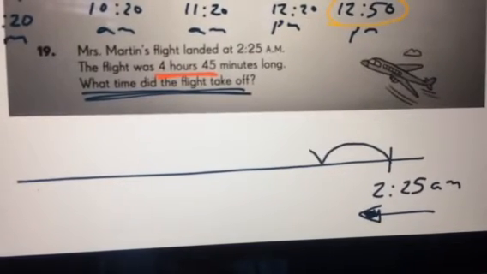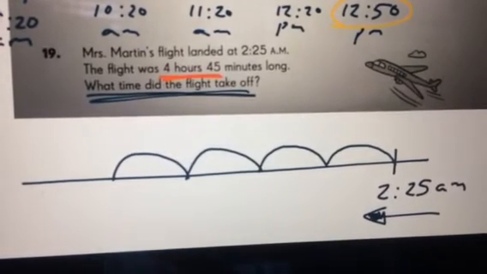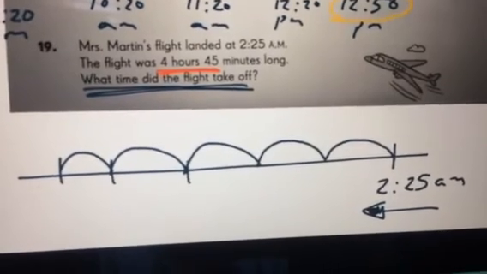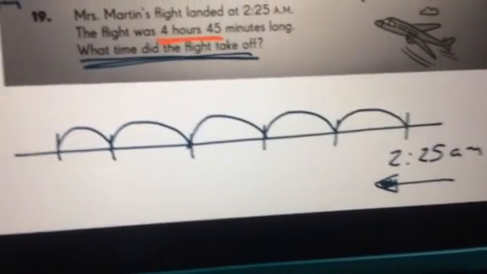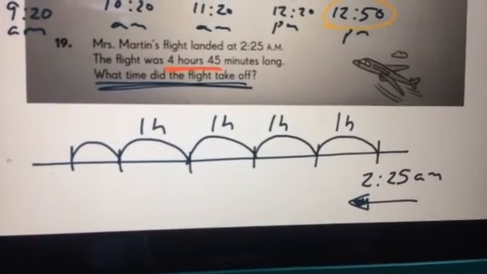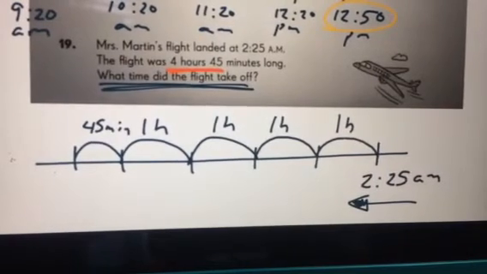So here's 1 hour, 2 hours, 3 hours, 4 hours, and bloop, 45 minutes. So I'm going to go ahead and make these marks. 1 hour, 1 hour, 1 hour, 1 hour, and 45 minutes for the last one.